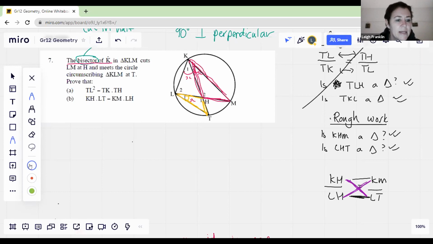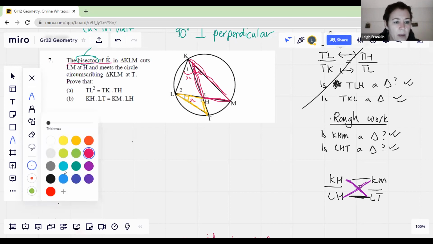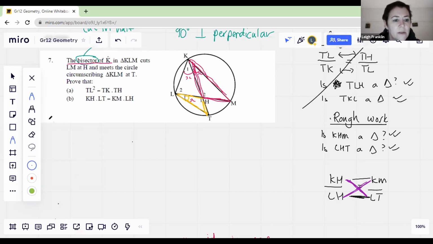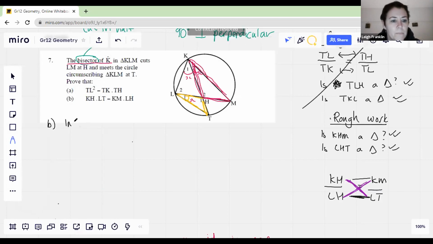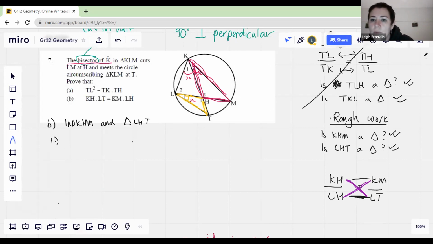Again, setting it out in the correct way, we have to write: in triangle KHM and triangle LHT, number one. All right, so let's call on someone.